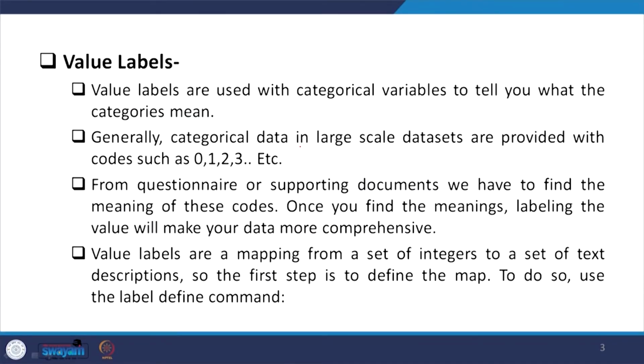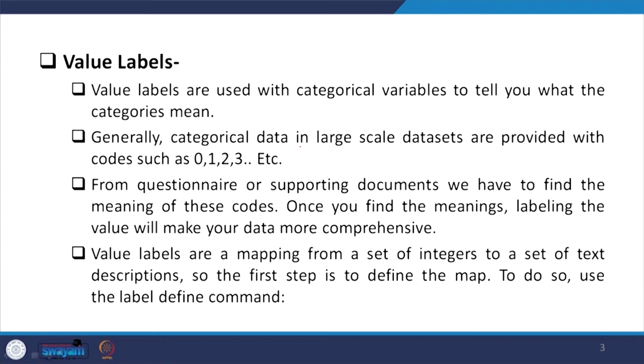From the questionnaire or supporting documents, we have to find the meaning of these codes, which are clearly given there, as we have already guided earlier, and also at the time of extraction in another lecture we are going to guide you clearly. Once you find the meanings, labeling the values will make your data more comprehensive.